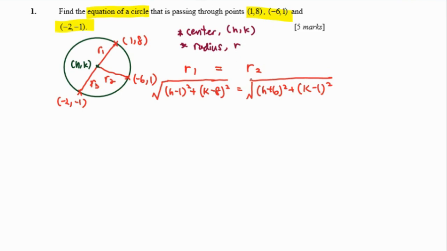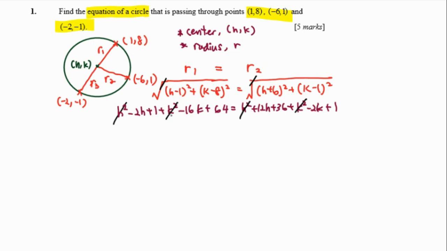In order to remove our square root, we will square both sides. Then we are going to expand our (h minus 1) squared and (k minus 8) squared, similar to (h plus 6) squared and (k minus 1) squared. Notice that our h squared can be simplified, and k squared also can be simplified, and the value of 1 also can be simplified.